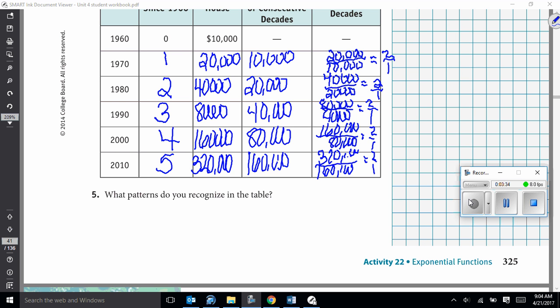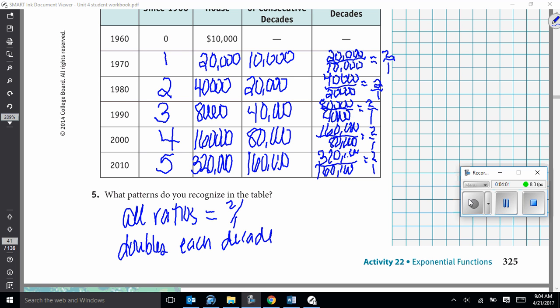What patterns do you notice in the table? What else do we notice? Is the amount that's being doubled the same, or the amount that's being added?